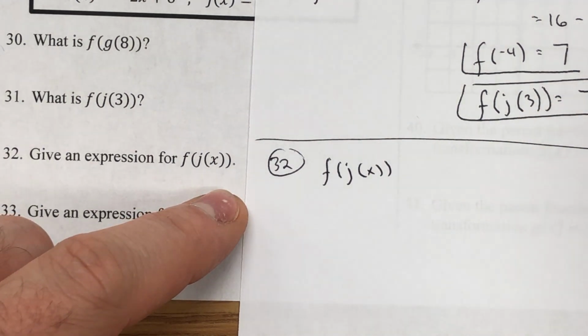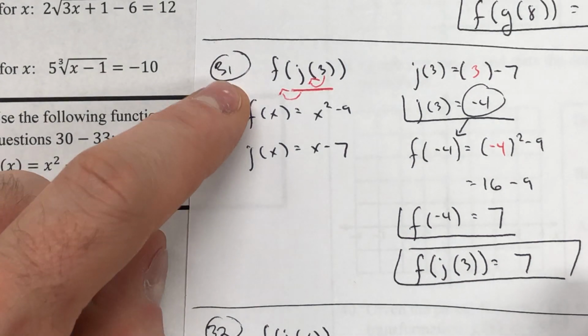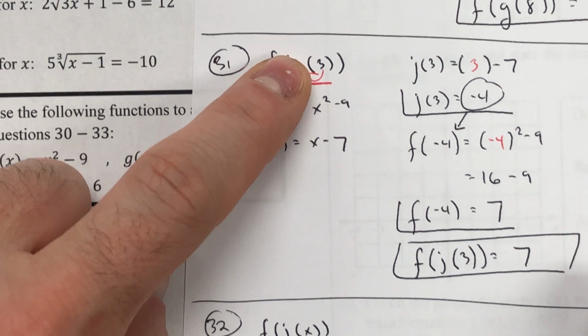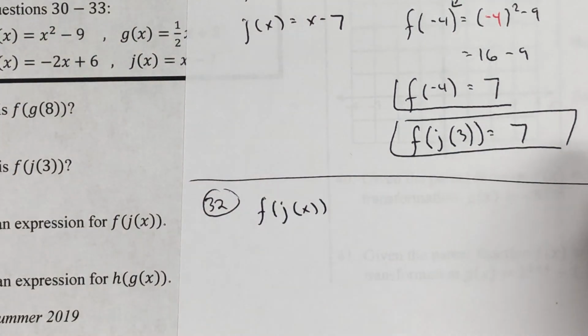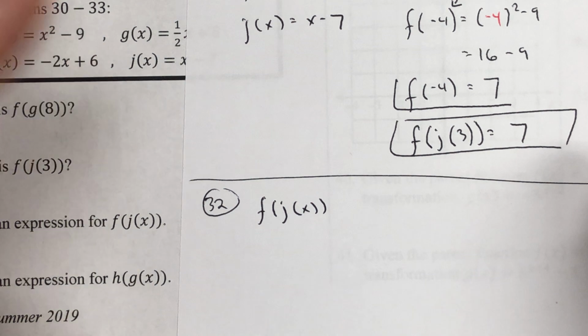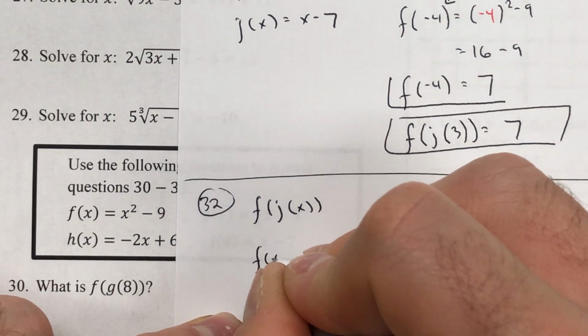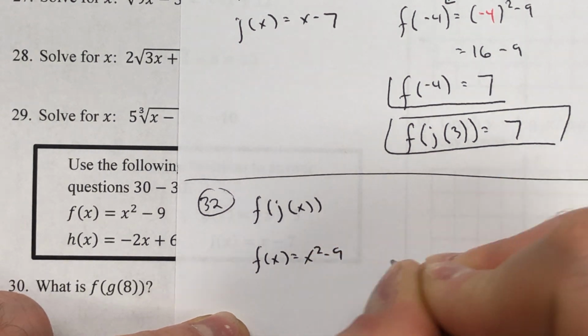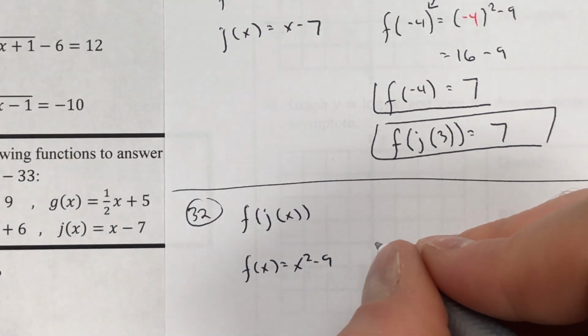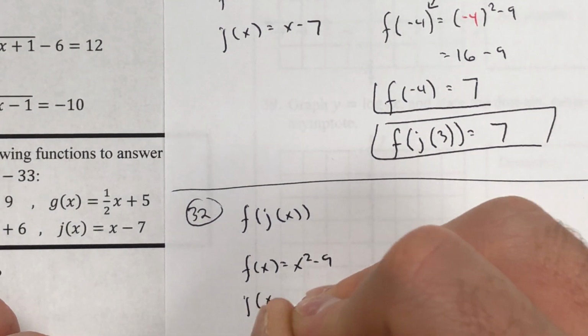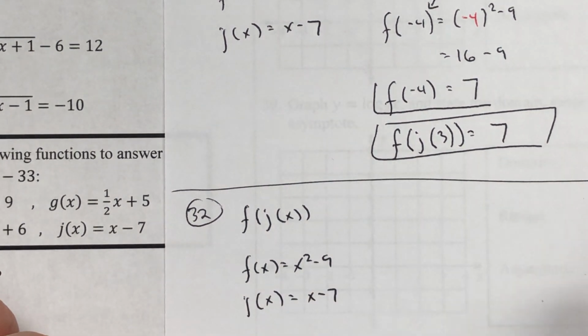Okay, so this is almost exactly what we just did right here, f of j of 3, but instead of plugging in a 3, I'm keeping my original x. So let's copy down our f and our j. So in this case, my f is x squared minus 9, and my j is x minus 7.